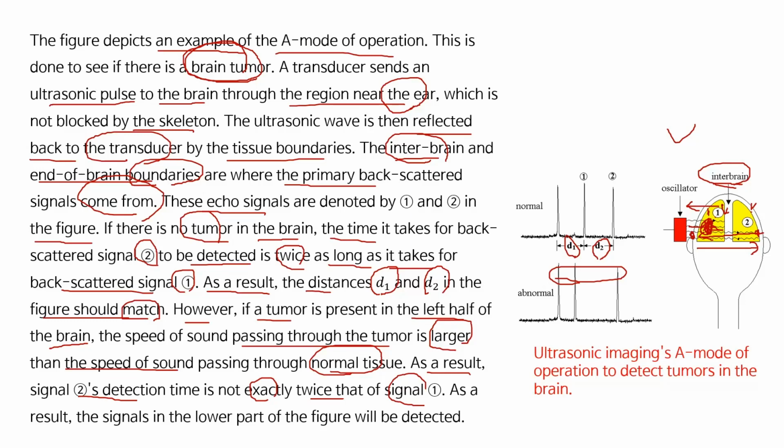As a result, the signal in the lower part of the figure will be detected. The time for this signal to reach the detector is shorter, because the speed of sound passing through the tumor is faster. So ultrasound imaging's A mode of operation can be used to detect tumors in the brain.